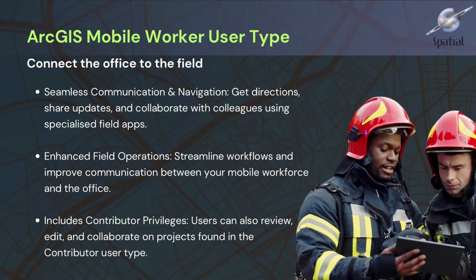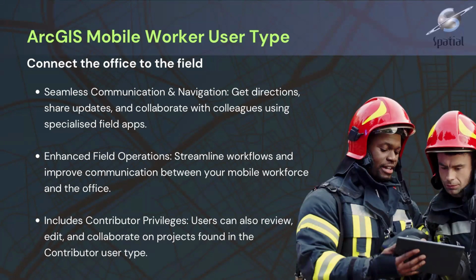Task management. Mobile workers can receive, manage, and complete work assignments directly in the field. Offline capabilities. A lot of our mobile workers function in environments where connectivity may be difficult. Here, with the mobile worker user type, you can continue to work even without an internet connection.